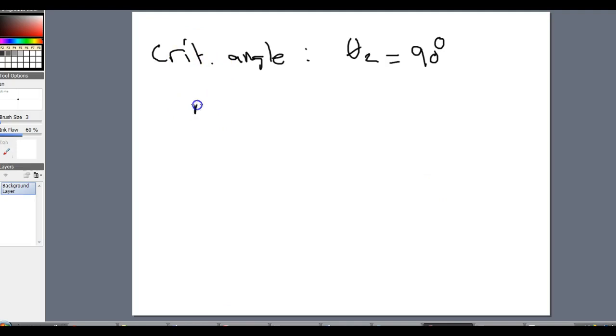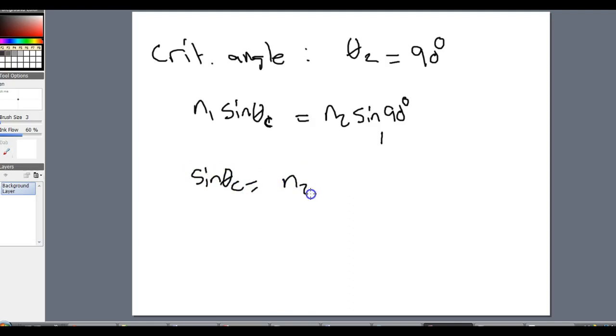So we have n1 sine theta 1, and I'm going to say this is theta c, the critical angle. At the critical angle, theta 2 is 90 degrees, and sine 90 degrees is 1. So I can simplify this: sine of the critical angle is n2 divided by n1, and so the critical angle is equal to the inverse sine of n2 over n1.